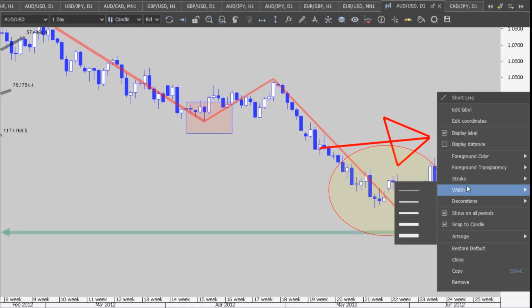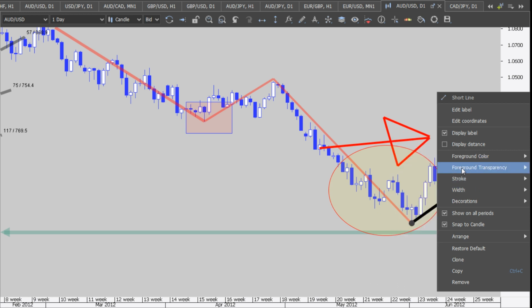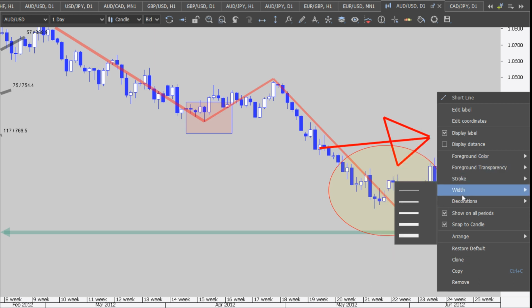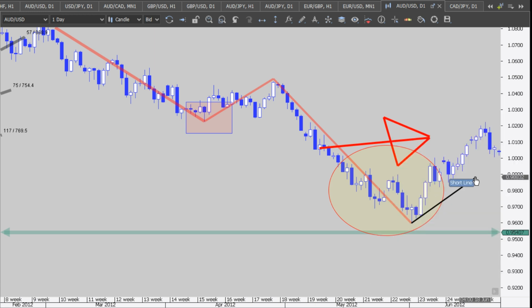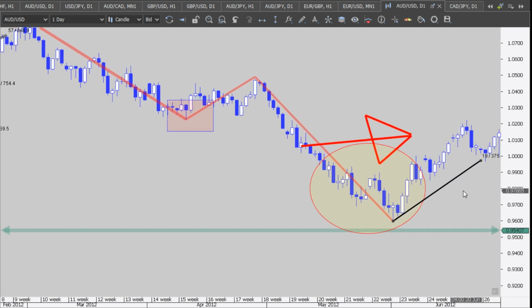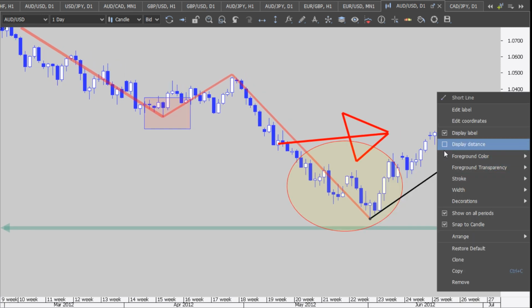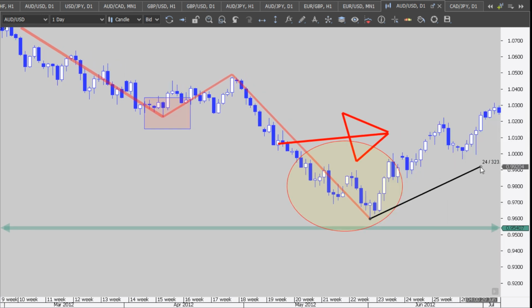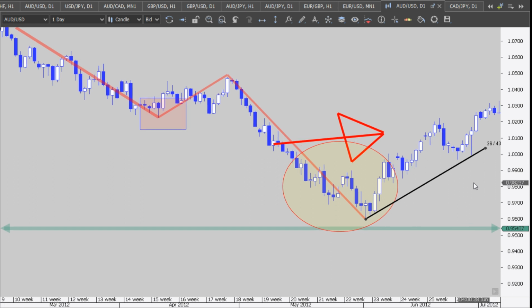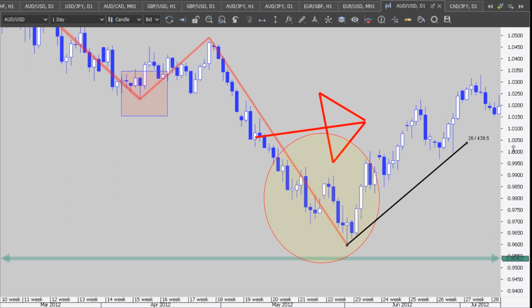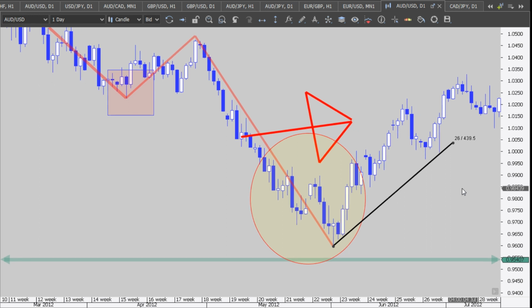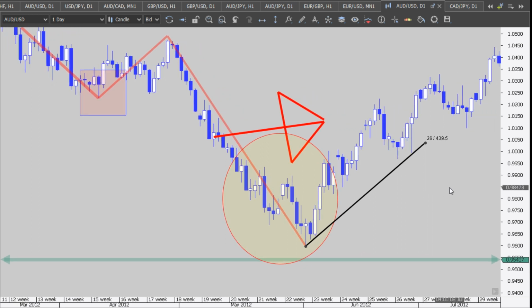So let's color code this in black, and there you go, something like this. Okay, we are monitoring the chart, still a higher high, and we are going to adjust our uptrend line still. Let's see, we are monitoring the market, still higher high.